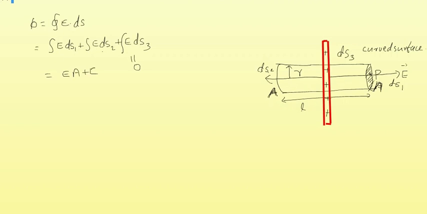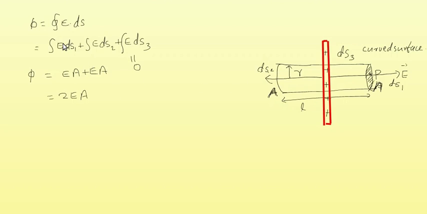And what is integral E ds1, or integral ds1? Integral ds1 is the total surface area of the closed face, and that is A, the area.